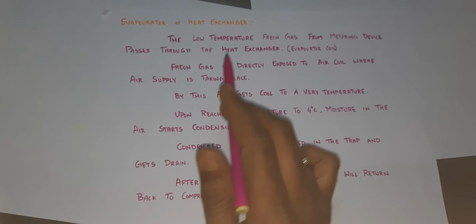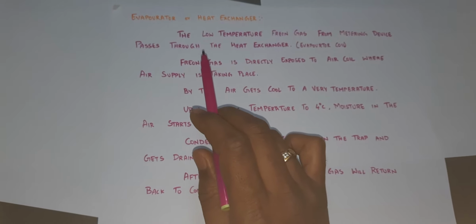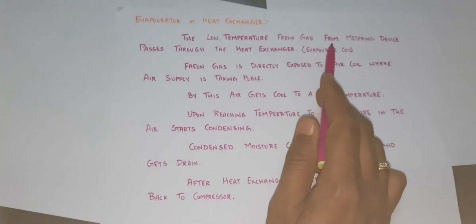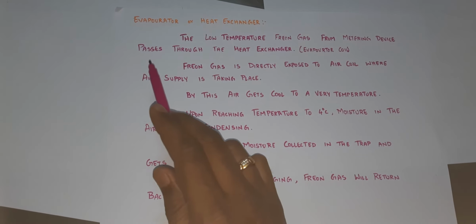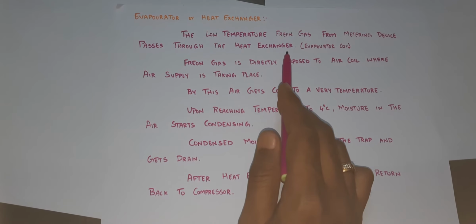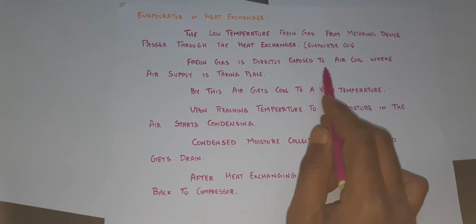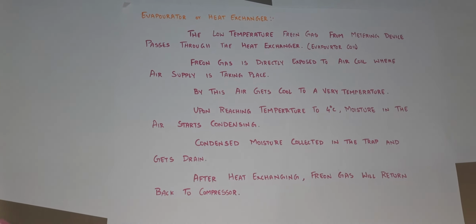The evaporator is the final stage in the air dryer process. In this, low temperature freon gas from the metering device passes through the heat exchanger. Freon gas is directly exposed to the air coil where the air supply is taking place.